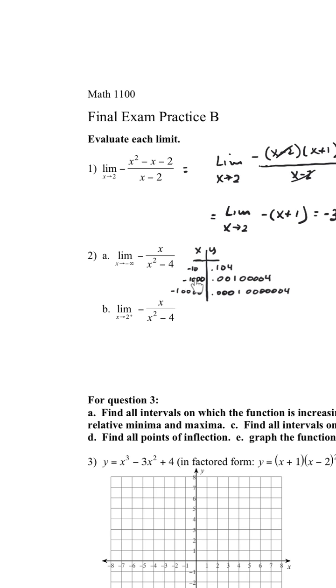So I got x equals negative 10, x equals negative 1,000, x equals negative 10,000. And what's happening is the values are getting smaller and smaller and smaller. So if this continued to negative 100,000, negative 10 billion, these would continue to get smaller and smaller, essentially heading towards 0.